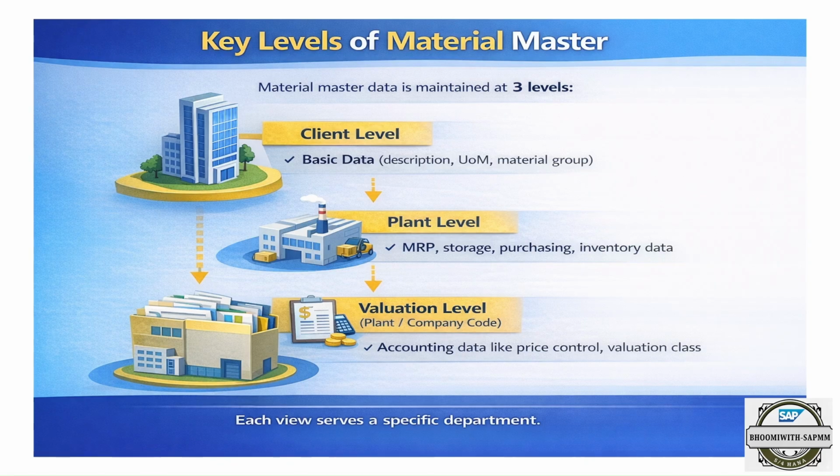At this level, accounting data is maintained such as price control and valuation class. Together these 3 levels ensure accurate and consistent material data across all business processes.